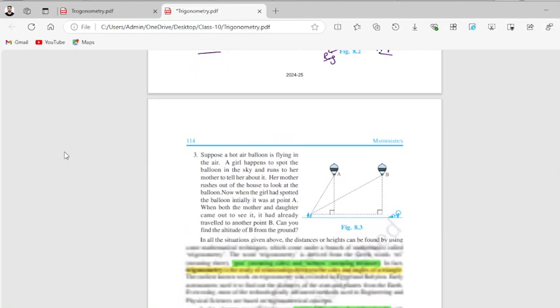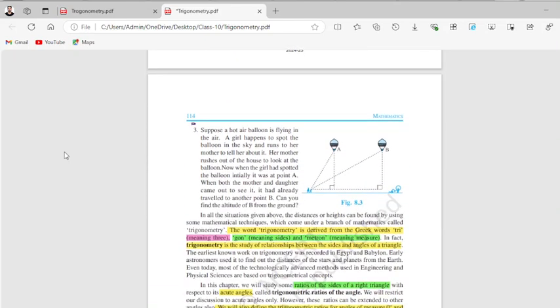And now situation number three: suppose a hot air balloon is flying in the air. A girl happened to spot the balloon in the sky and ran to her mother to tell her about it. Her mother rushes out of the house and looks at the balloon.